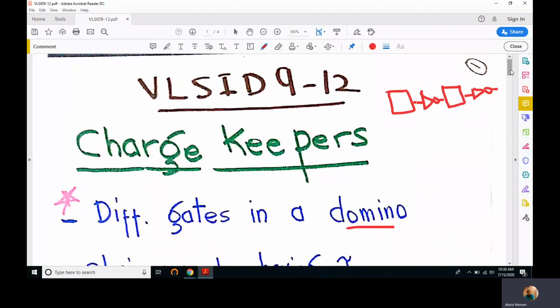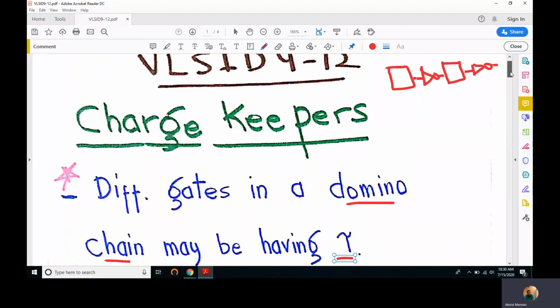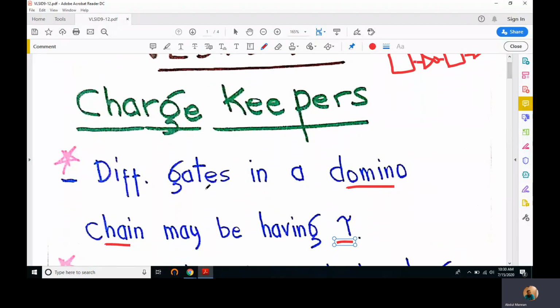But we must also understand that different gates in a domino chain may have different tau, and we have to wait till the largest value of tau, until the last gate has completed discharge.